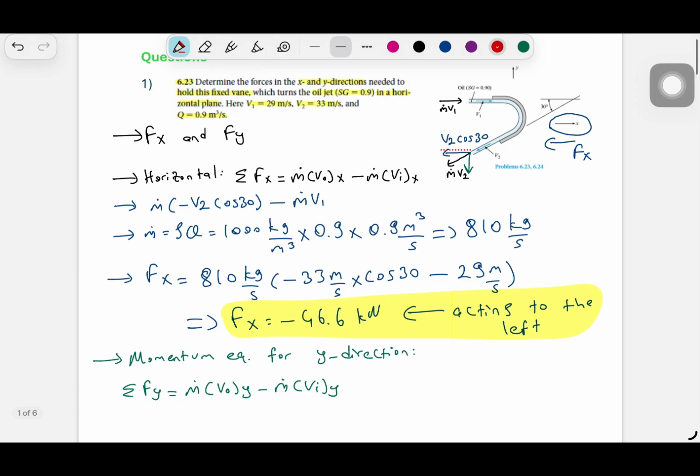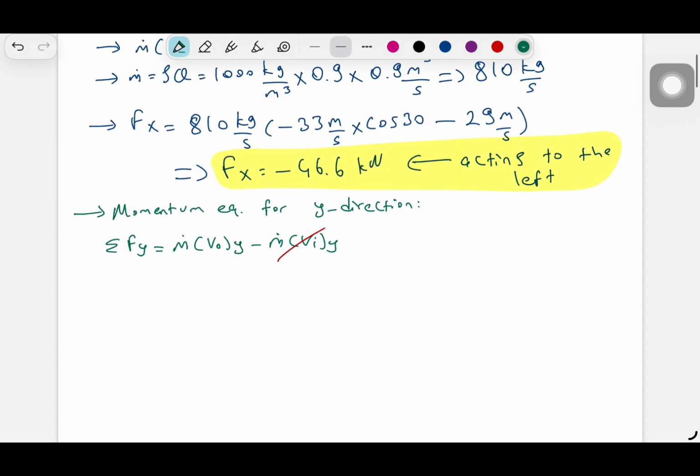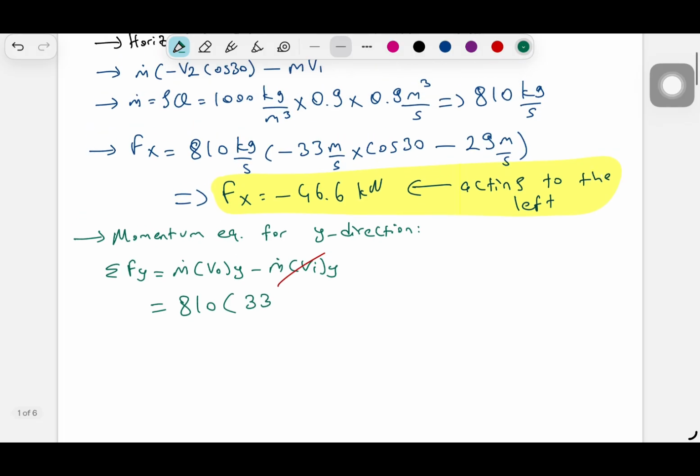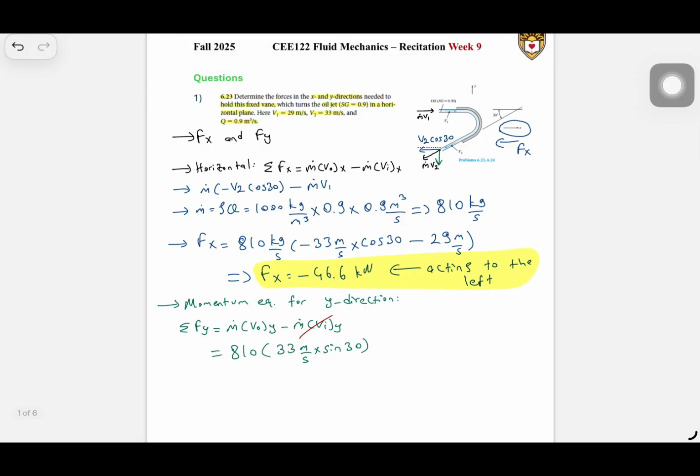The mass flow rate is still the same, and the out velocity is 33 times sine 30. Now we need to see its sign from the shape.